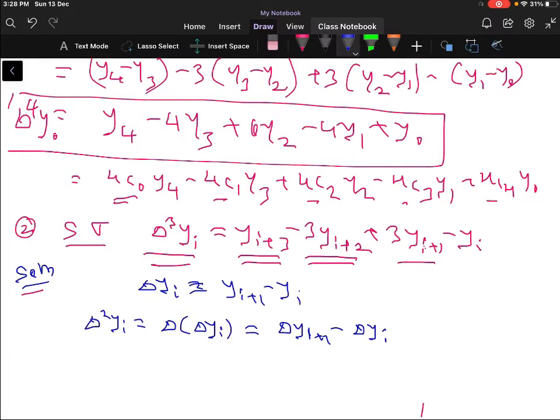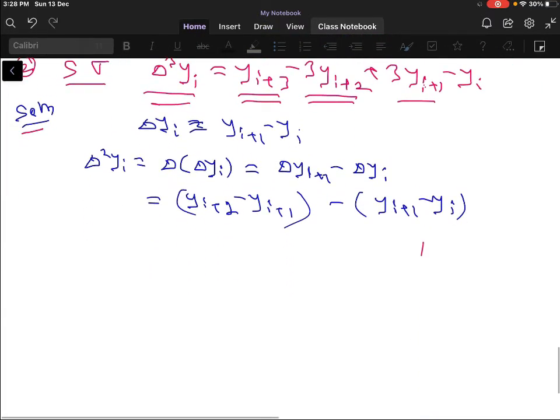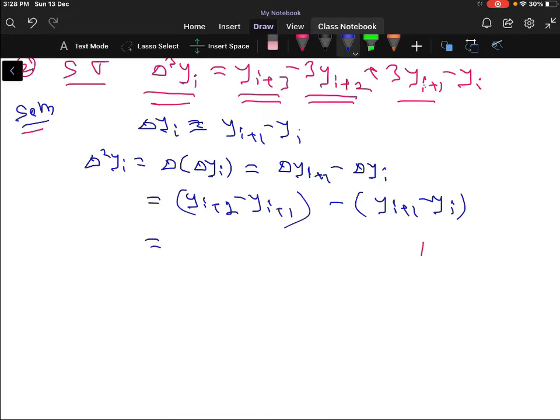But you know delta yi plus 1 is yi plus 2 minus yi plus 1, minus delta yi, which is yi plus 1 minus yi. So this can be written as yi plus 2 minus 2yi plus 1 plus yi, that is delta square yi.